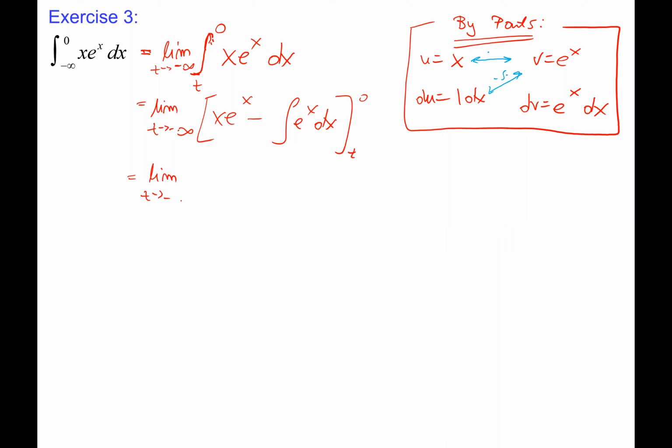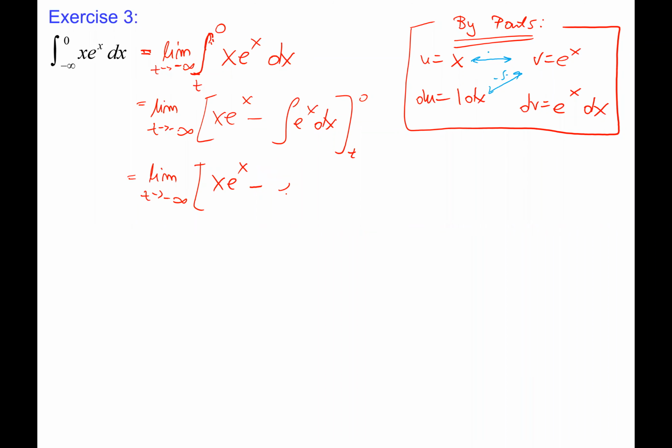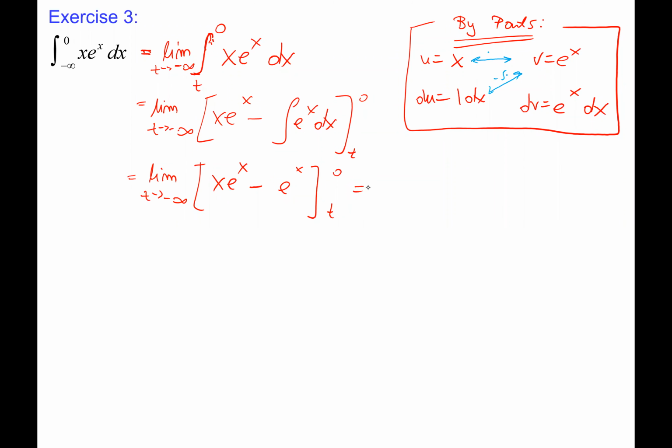Limit, x e to the x, the integral of e to the x is just e to the x. I do have my integration.